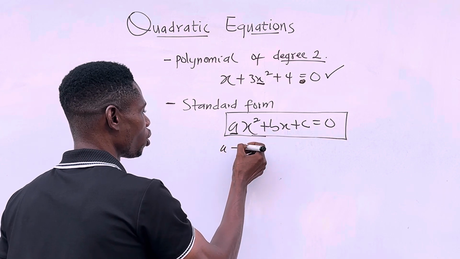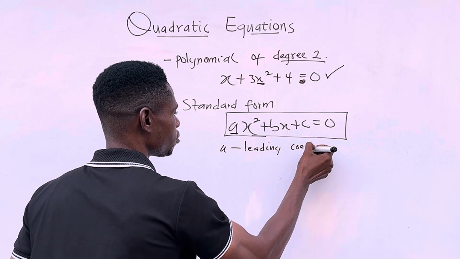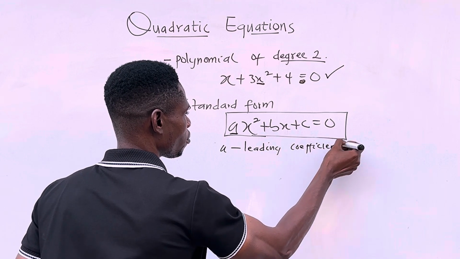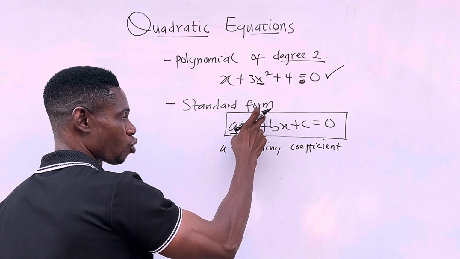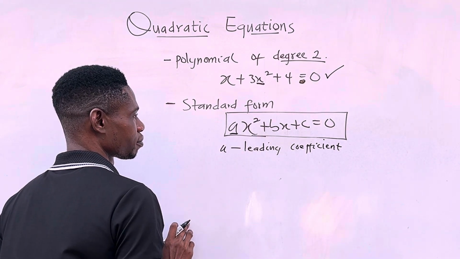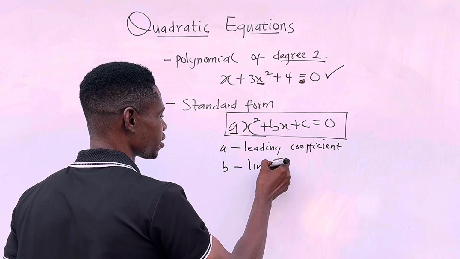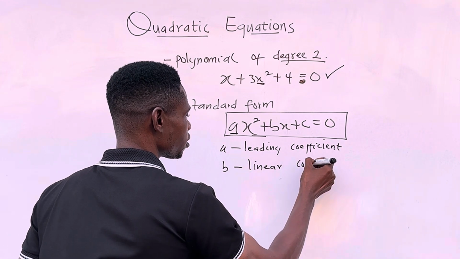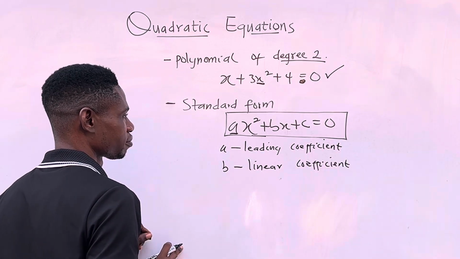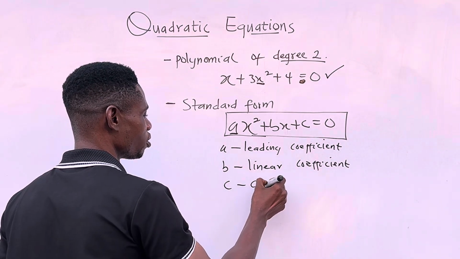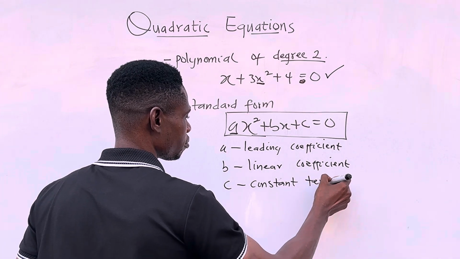So we'll call a the leading coefficient. Now b is called the linear coefficient and c is the constant term.